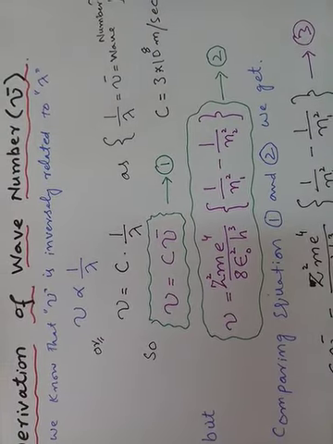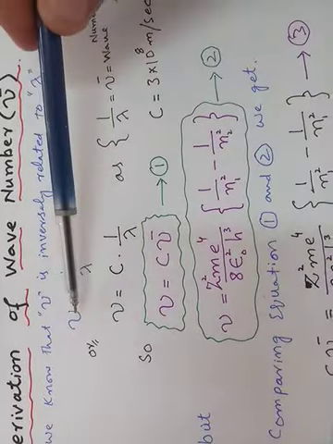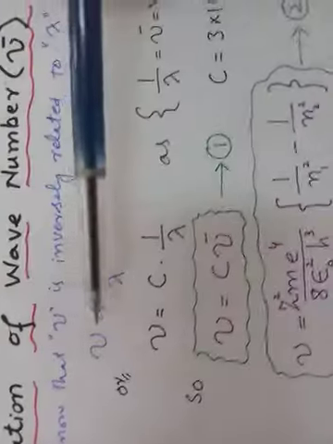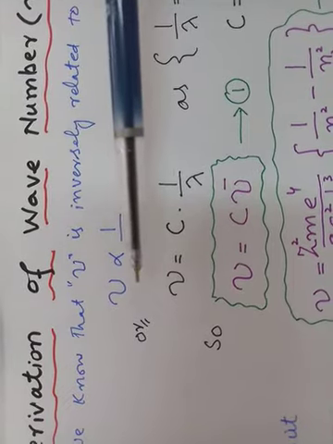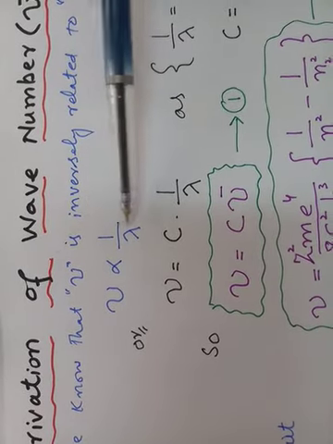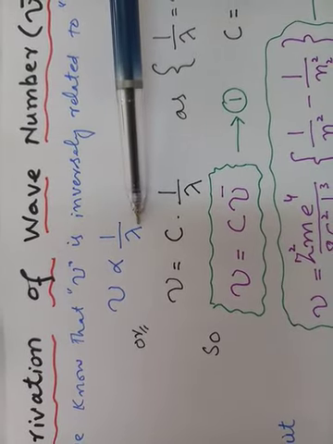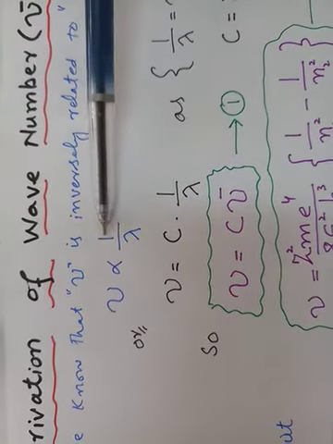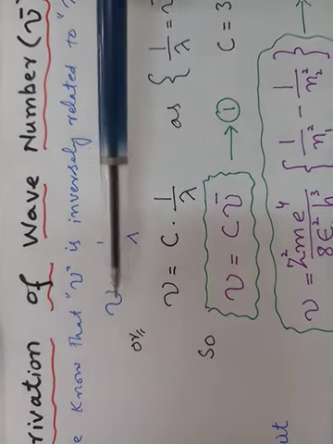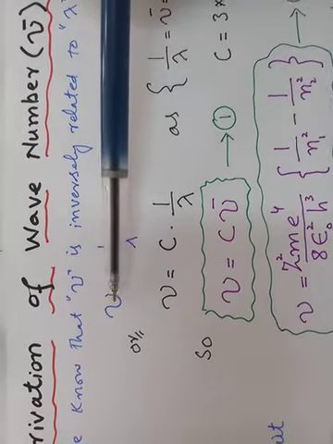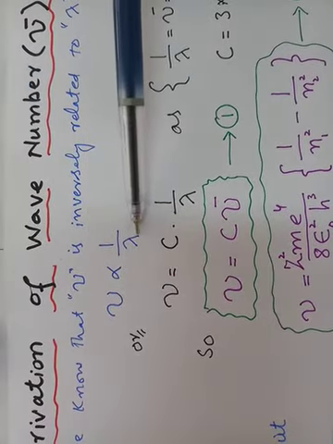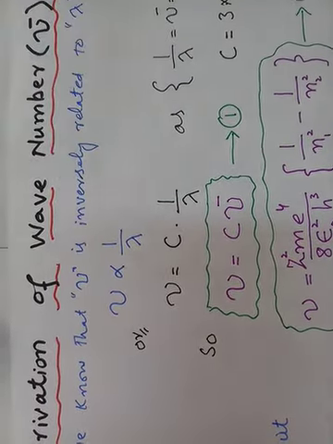Now let me start with the frequency nu. Frequency is inversely related to the wavelength. We know there is an inverse relationship between the wavelength and frequency. The greater the frequency, the smaller the wavelength, and vice versa.